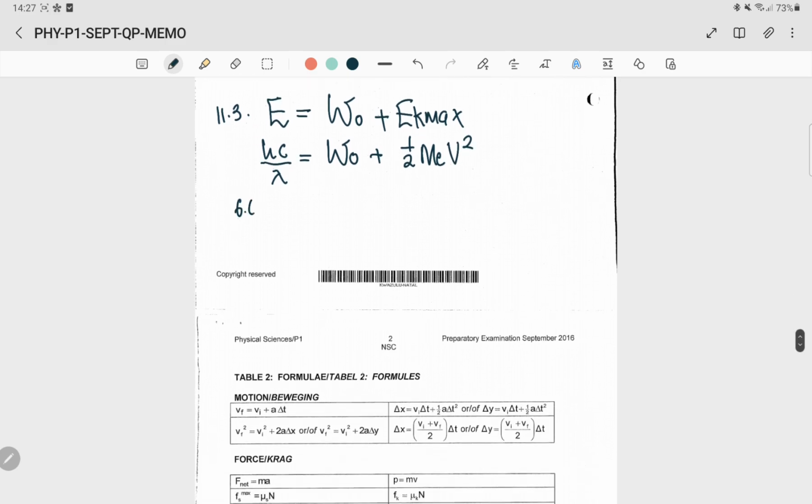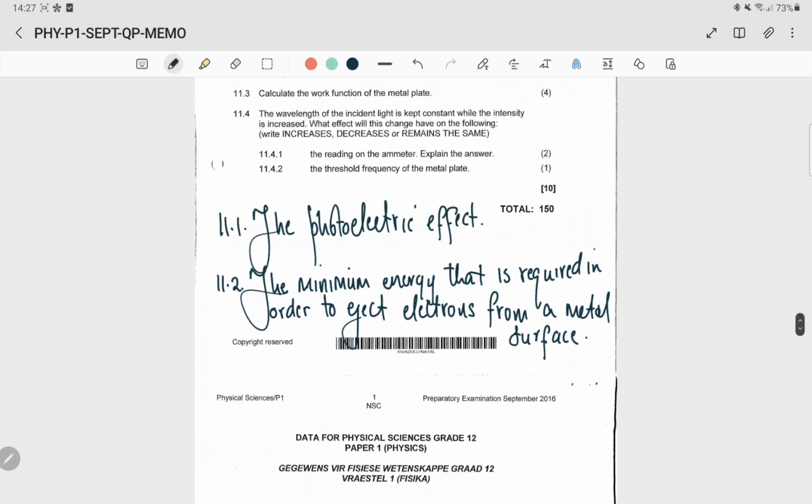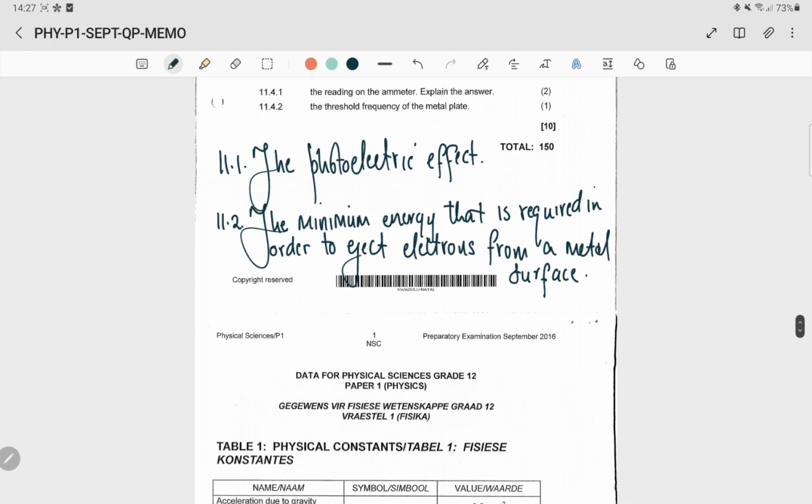h is given by 6.63 times 10 to the negative 34, c is 3 times 10 to the exponent of 8, and lambda we are given as 487 nanometers.